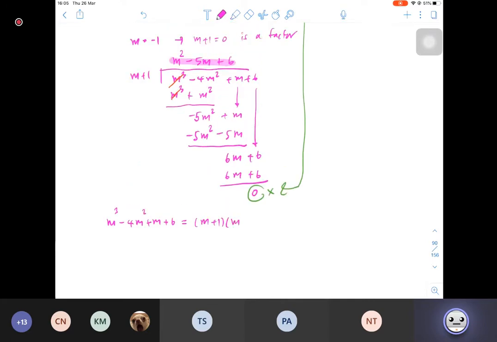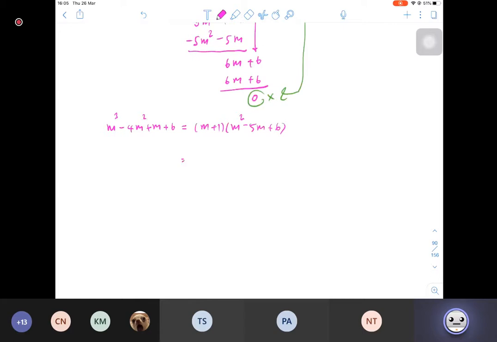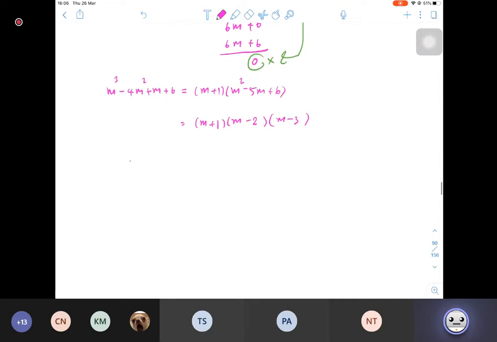So it's going to be m squared minus 5m plus 6. And now you got the second order here. So you can factor that into 2 parentheses. Oops, this should be m plus 1, right? And that would be m minus 2, m minus 3.